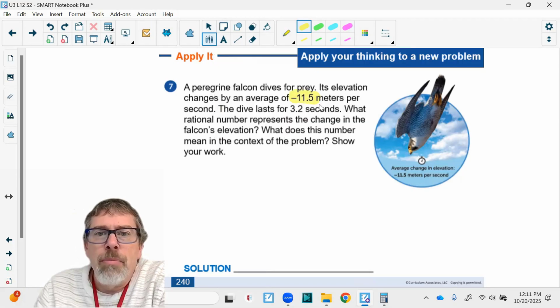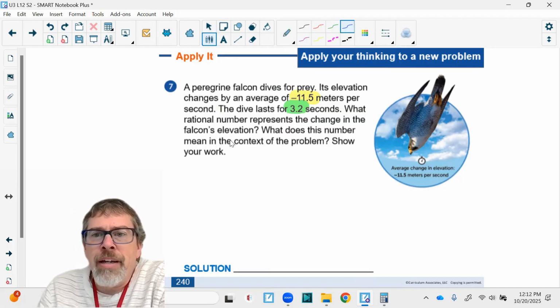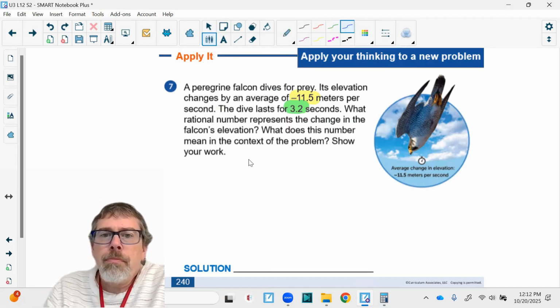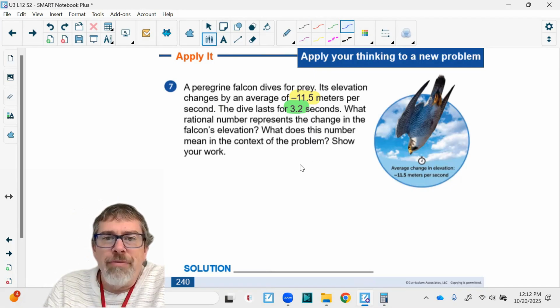Okay, so we have 11.5 meters per second, and there's 3.2 seconds this thing's going into a dive. So the 11.5 meters means a decrease of 11.5, dropping 11.5 meters every second. And it's going to do this for 3.2 seconds.